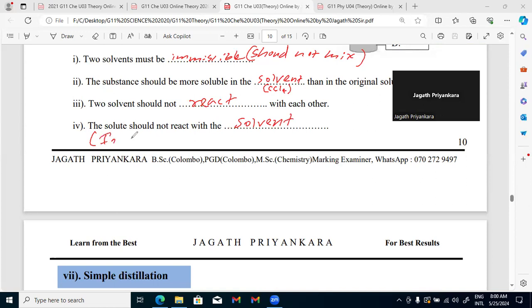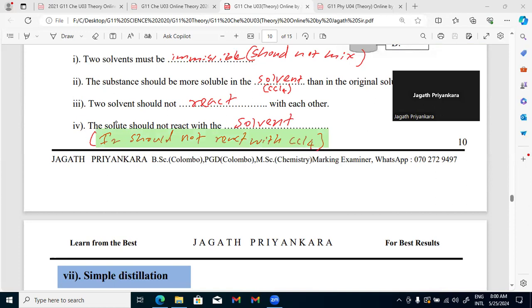Iodine, I2, should not react with what? Within bracket, you can write should not react with CCl4. If these conditions are satisfied, only then can you apply this method. Should not react with carbon tetrachloride, CCl4. That you can write within bracket. Example, iodine and CCl4 should not react.